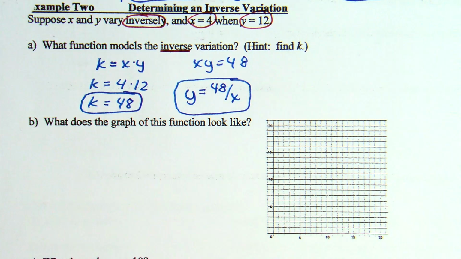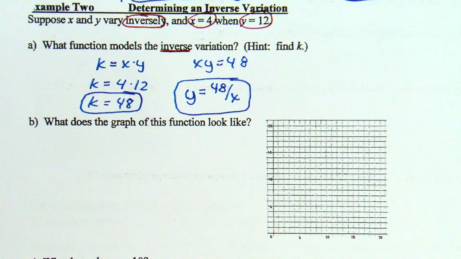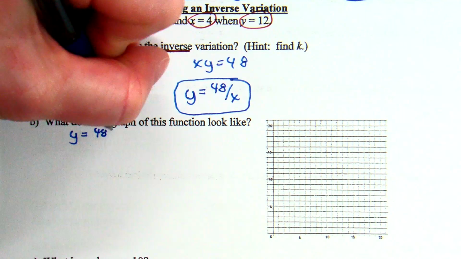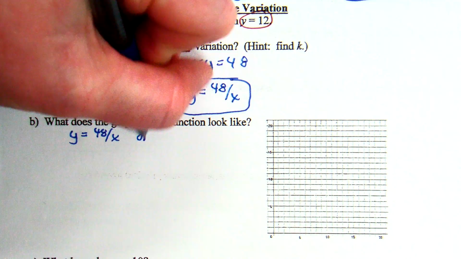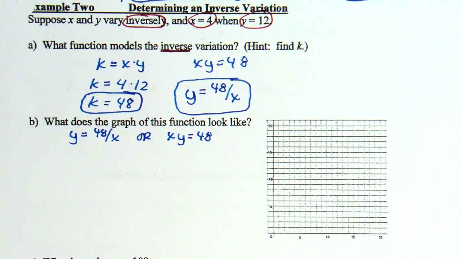Now, the idea is use one of your graphs from above, or one of your equations from above. You can use the equation we just wrote of y equals 48 divided by x, or you can use the idea that x times y has to equal 48.